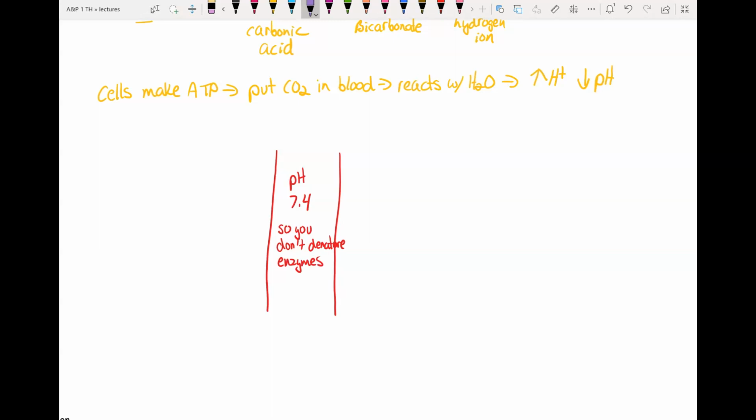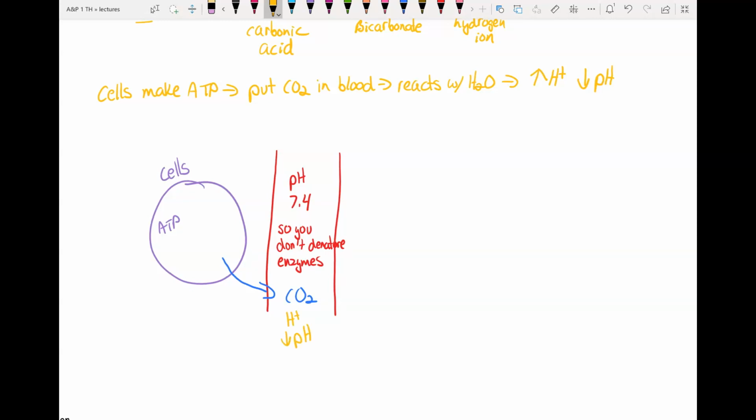On one side, you have cells. Your cells are making ATP, and in the process of making ATP, they put carbon dioxide into your blood. Every time you put carbon dioxide into your blood, you get more hydrogens and your pH drops.